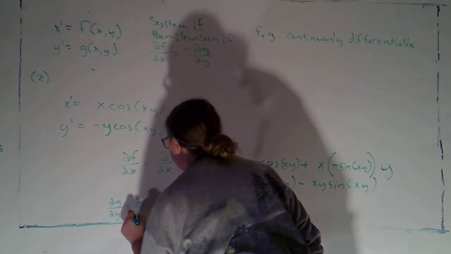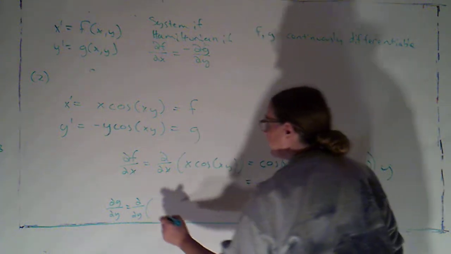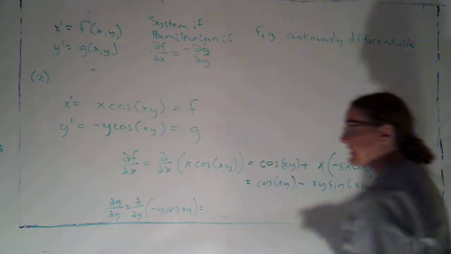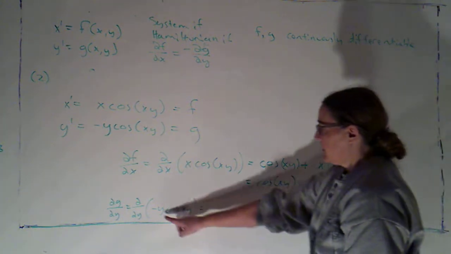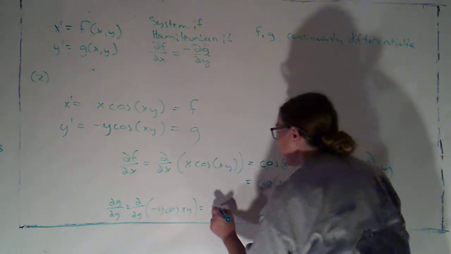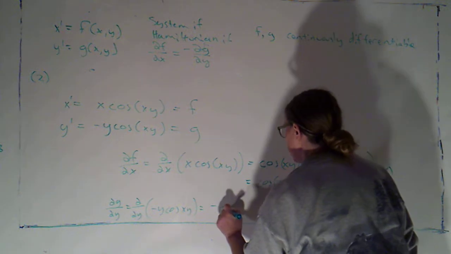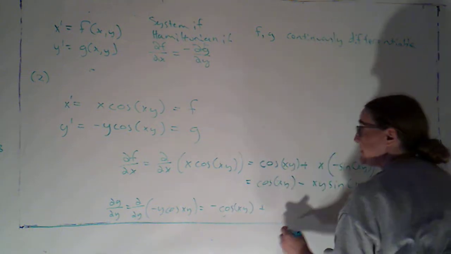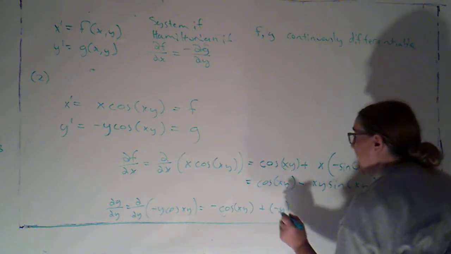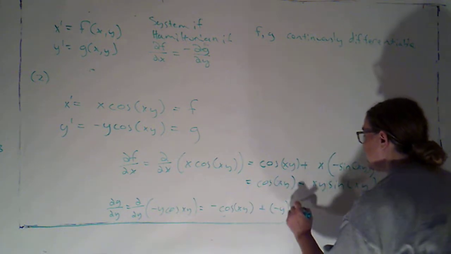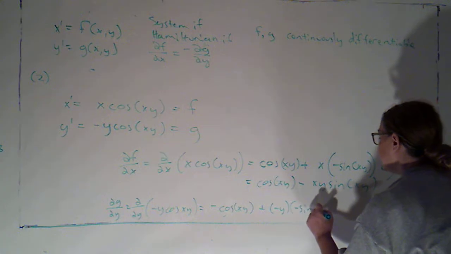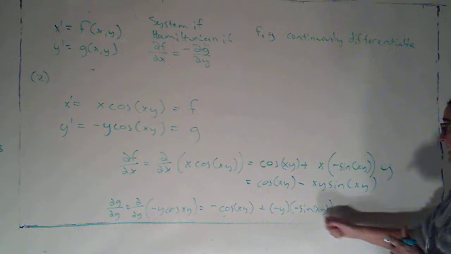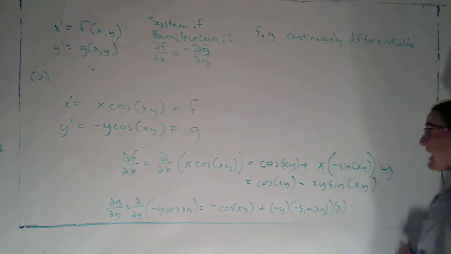That's the partial with respect to y of negative y cosine xy. So that's again going to be a product rule. The partial with respect to y of negative y is just negative 1 times cosine of xy, plus negative y times the partial here, which will be a negative sine xy times the partial with respect to y of xy, which is going to be an x.